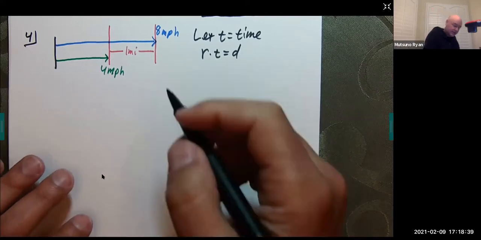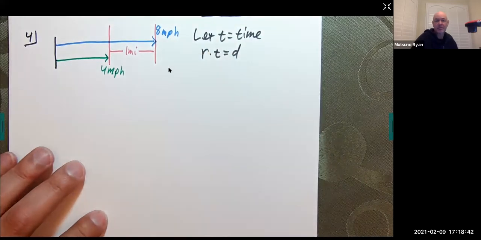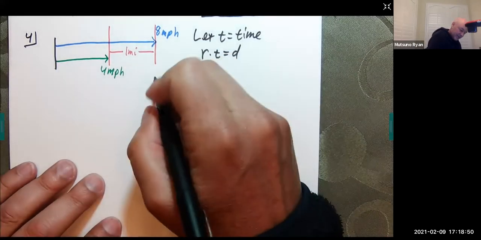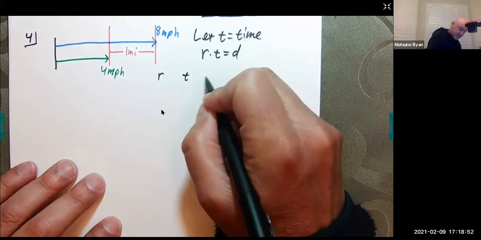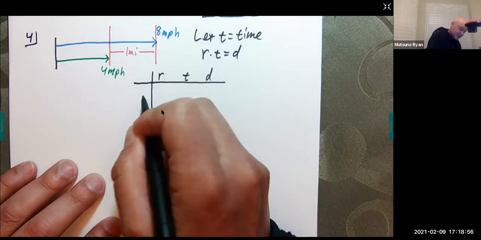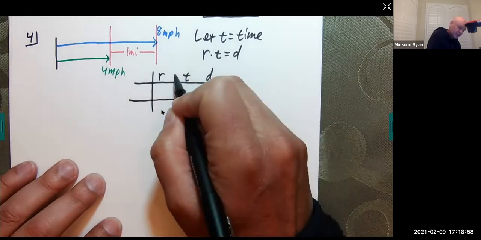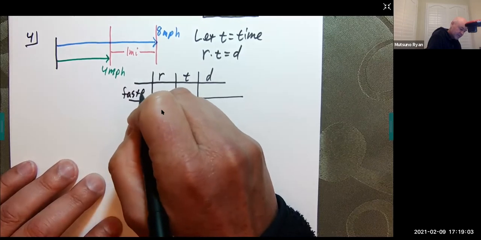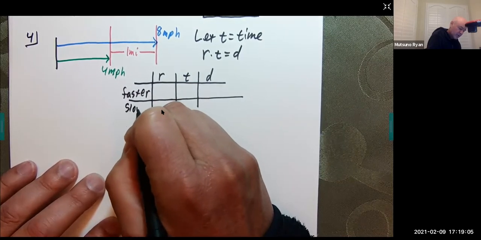All right, I like using a table for these. So I'm going to have a rate, a time, and a distance. The way I'm going to label these is I'm going to say the faster or the slower person. So the faster and the slower.